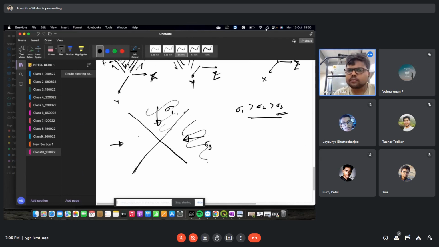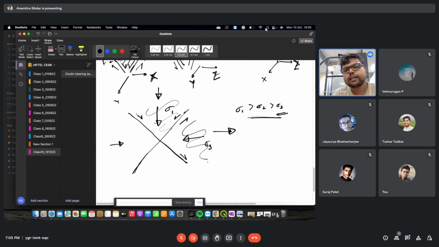Yeah. So this is the compressive region, so the block will move in this direction. It is the extension region, so the block will move in this direction. So the net displacement will be outward. Here the net displacement will be inward.